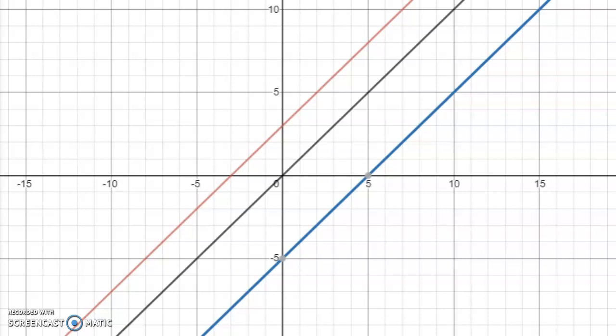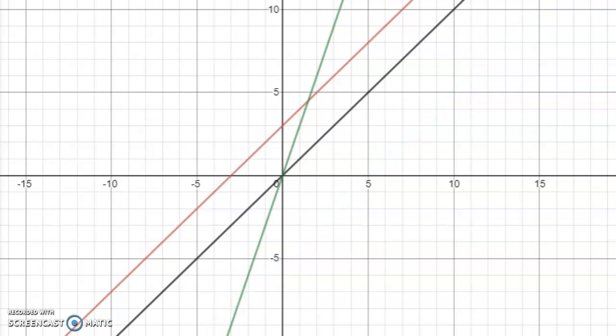The number 2 one said to graph this, and what happened here? Well, if you notice, this right here was just a standard up 1 over 1 slope. Now we've got up 3 over 1. So this was stretched in this direction. It's just much steeper.